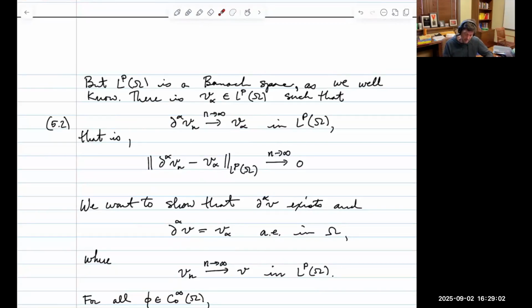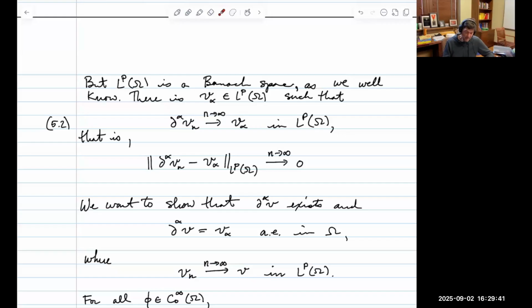We want to show that the alpha partial derivatives of v, of all orders up to and including the order k derivatives, exist, and that the alpha derivative of v is equal to v alpha, at least almost everywhere in omega, where this v we're going to define as the unique function in L^p such that Vn converges to V. Now, how do we know that such a function exists?